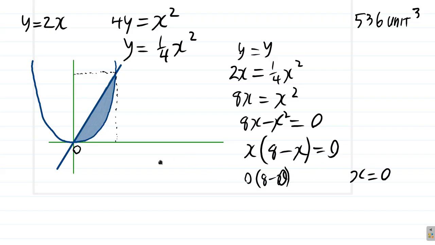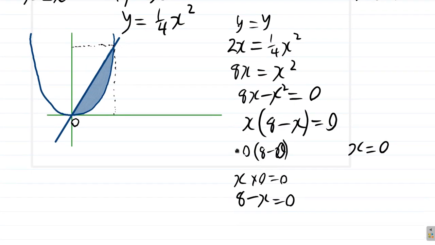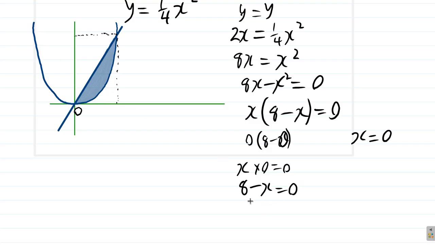What about the other value? If 8 minus x equals 0, then 8 is equal to x, so x equals 8.